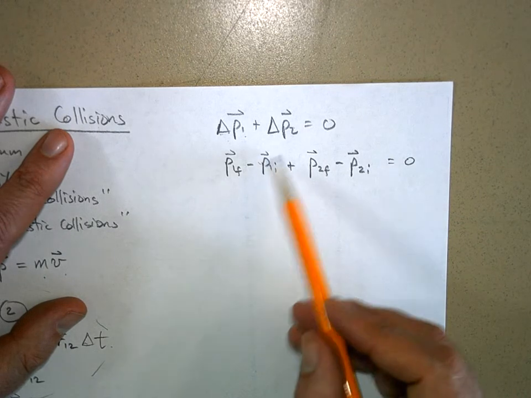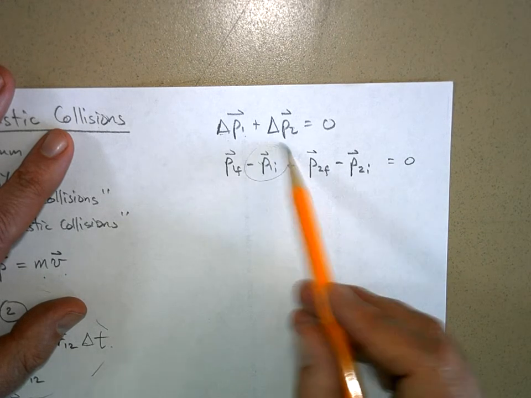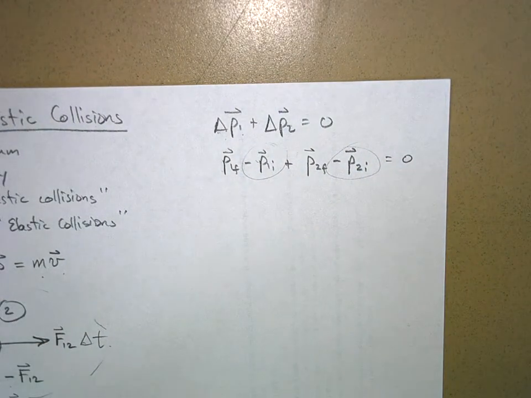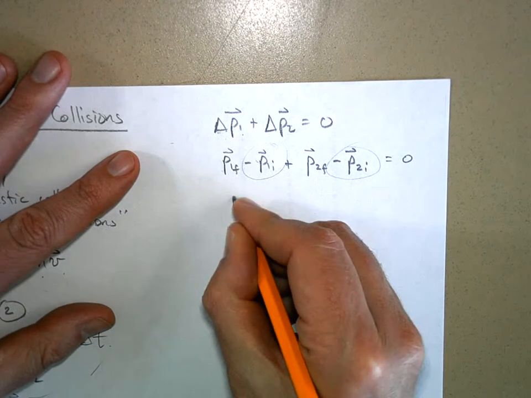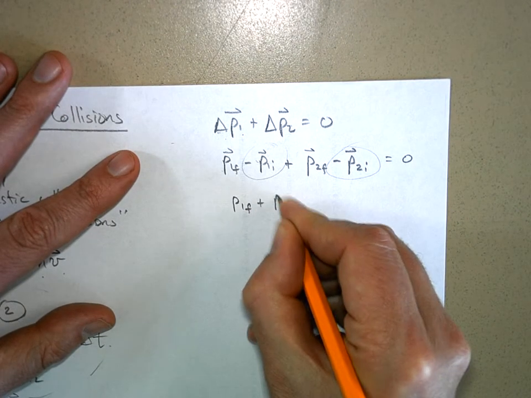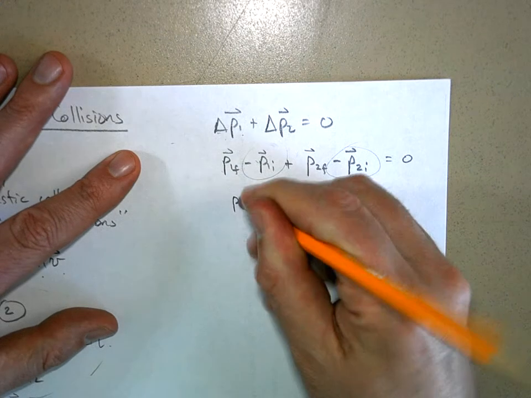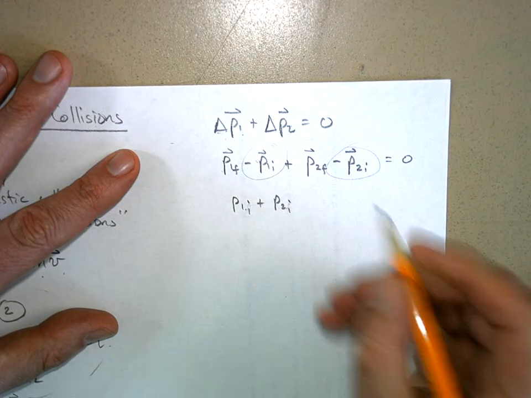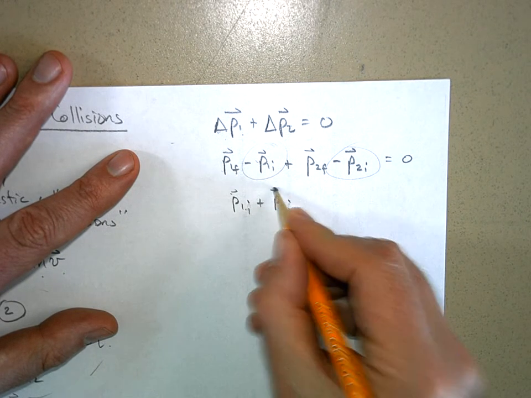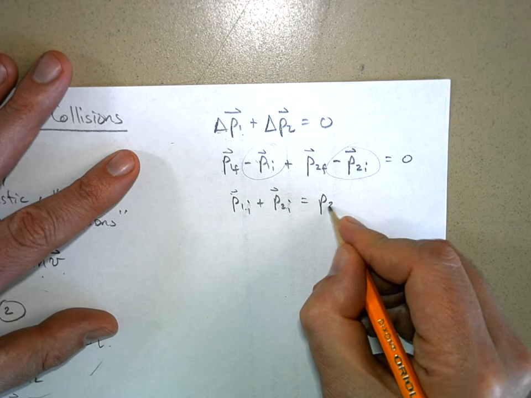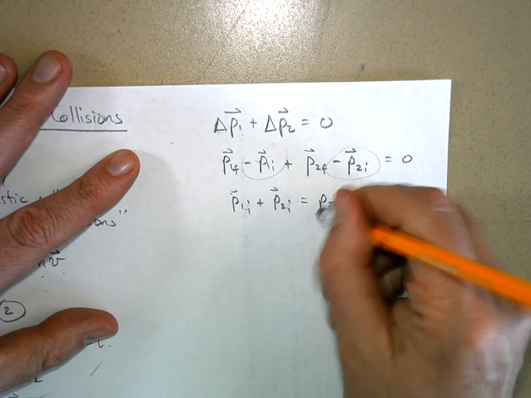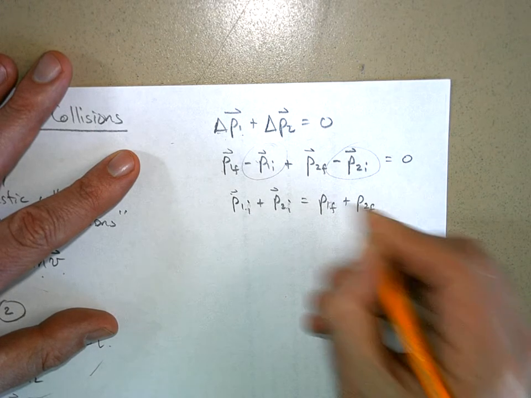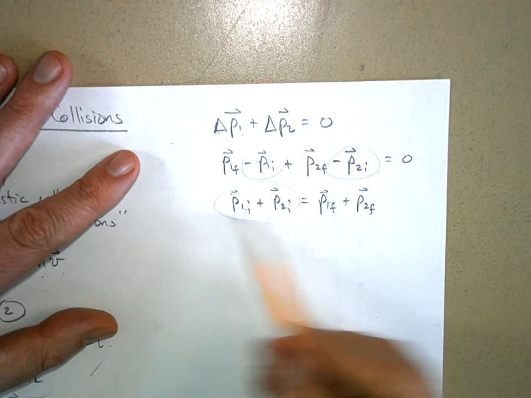Now what I'm going to do is leave the initial stuff over here, put the final stuff over on the other side, and multiply everything by -1. What we get is P1 initial plus P2 initial equals P1 final plus P2 final. It really doesn't matter which side you put things on. And what is this right here?